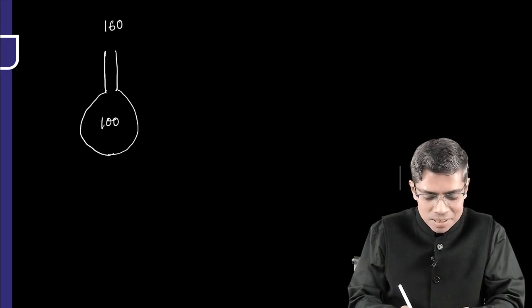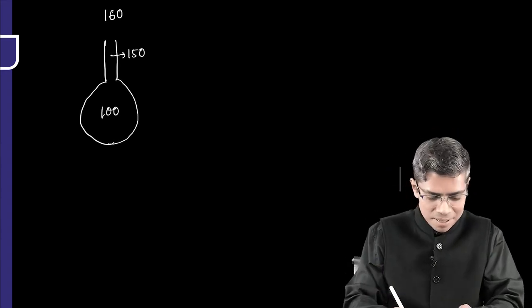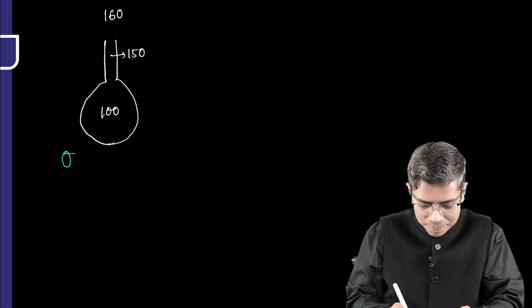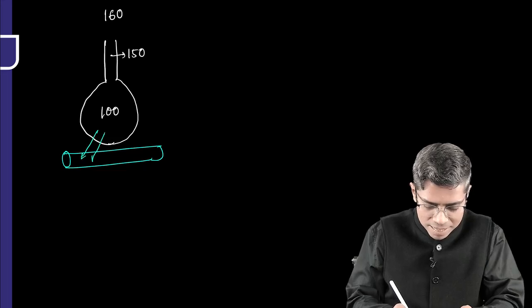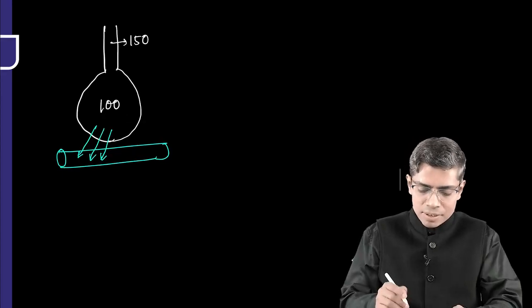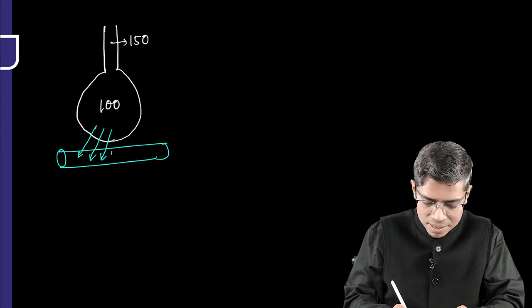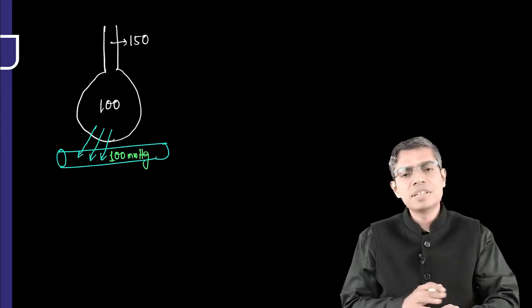Okay, so that you should not forget. So here it is 160, here it is 150, and at the level of alveoli it is 100. Previously we have seen that when this oxygen is transported from this alveoli to the capillary blood, there will be a diffusion equilibrium. That means capillary blood partial pressure of oxygen will also be 100 millimeter of mercury, and that will be reached rapidly.